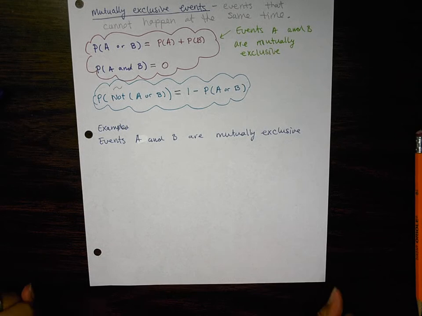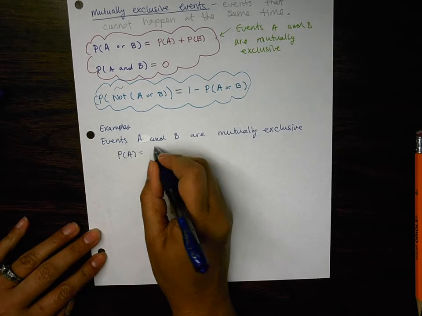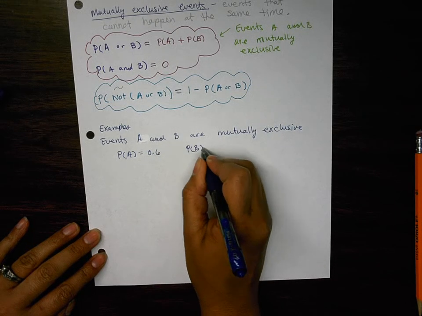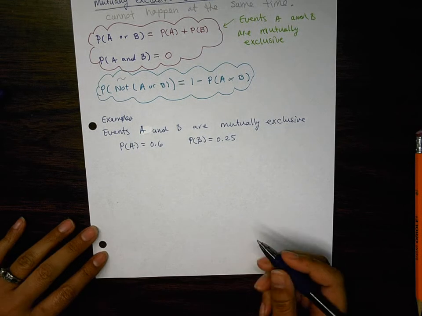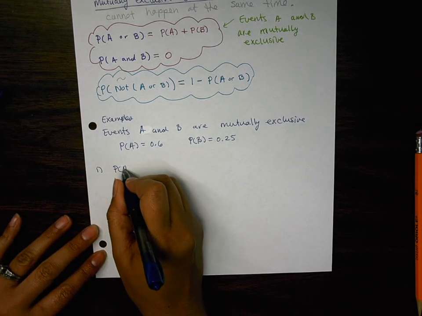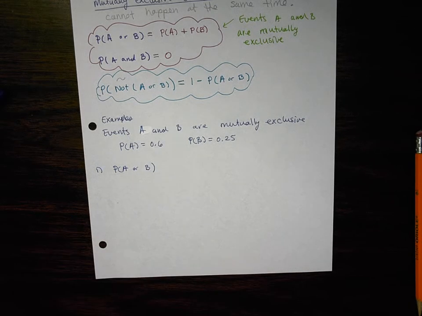All right, I'm going to give you information. P of A equals 0.6, P of B equals 0.25. Number 1, find P of A or B.